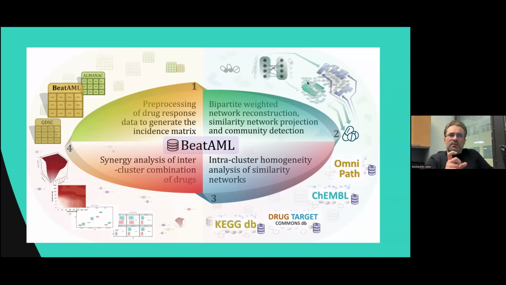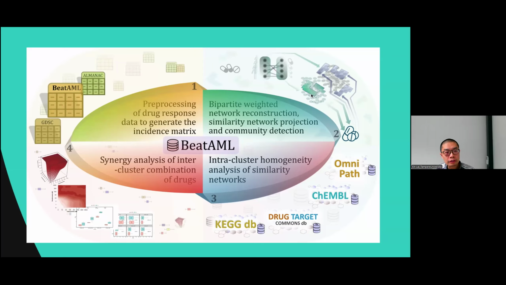So we can say the weight in the similarity network is related to the sum of the weights and the similarity between two drugs working on all samples. This similarity comes only from the drug sensitivity assay, not from any other information. And then we focus on this network for clustering and the rest of the workflow.